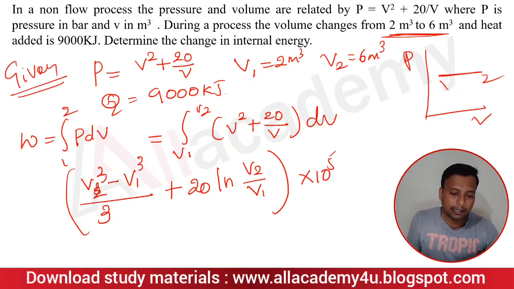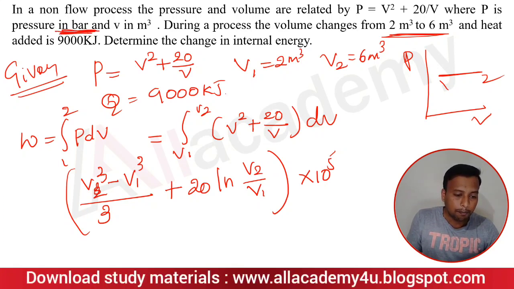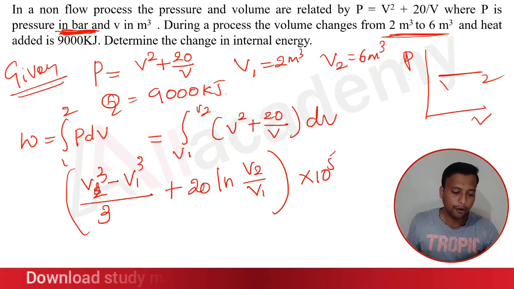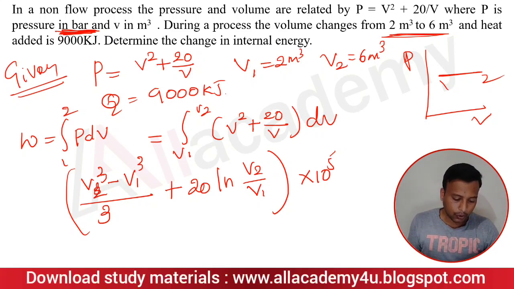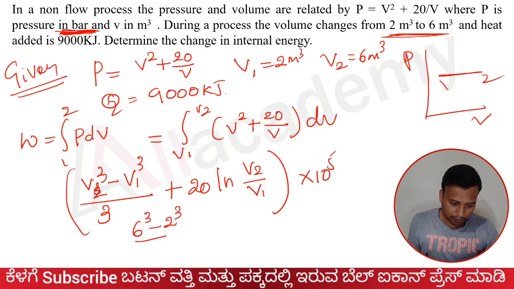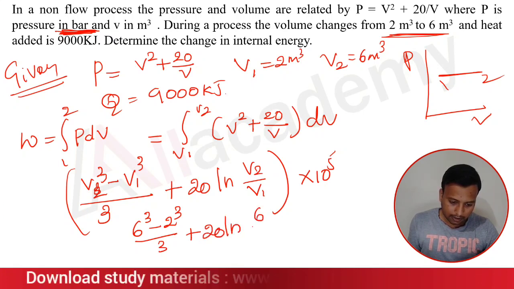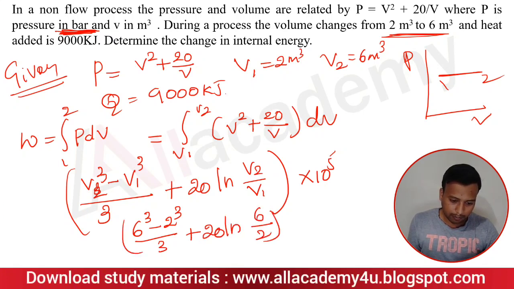Because it is clearly given that P is the pressure in bars, so I have to multiply it with 10 raised to 5. Now let us substitute all the given values: 6 cube minus 2 cube divided by 3 plus 20 ln 6 by 2, times 10 raised to 5.